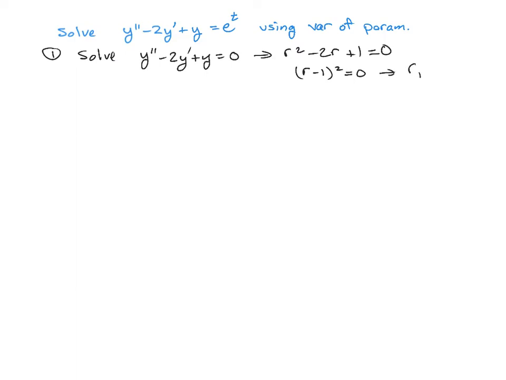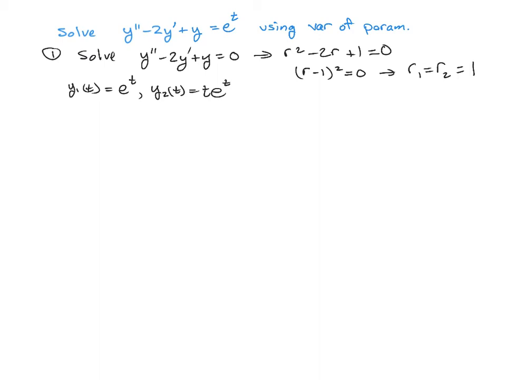So our repeated values of r are both the number 1. So our two solutions are going to be y1 of t is just plain e to the t, and again, to break that linear dependence, the second solution is t e to the t.